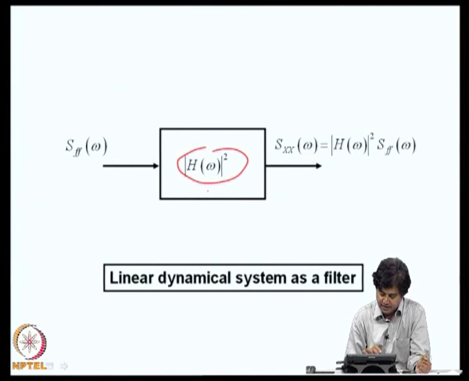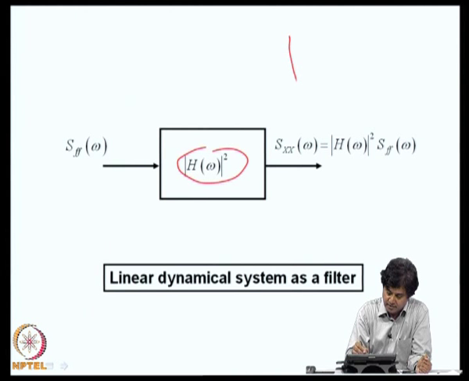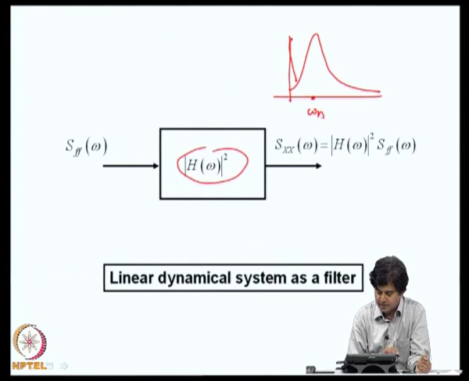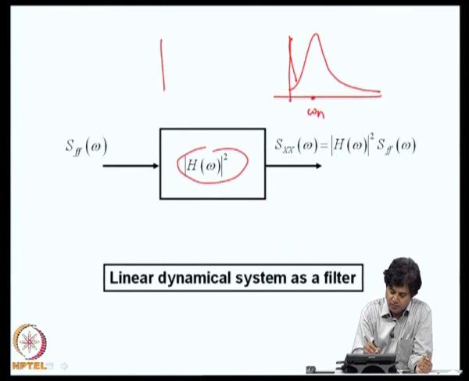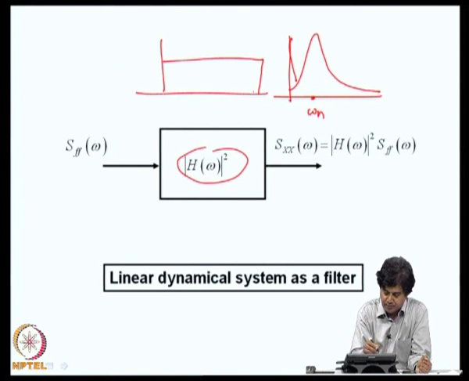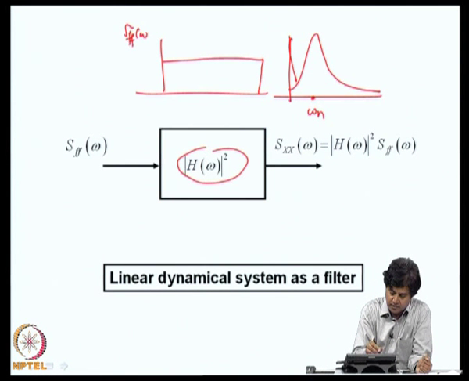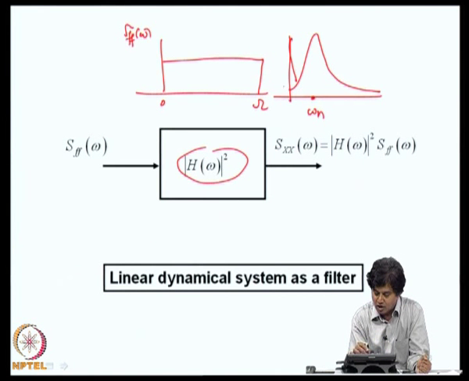This would mean that if we carefully look at |H(omega)|^2, it has a peak near the system natural frequency, and if Sff(omega), for instance, is a band limited function, the output power spectral density will be the product of these two.